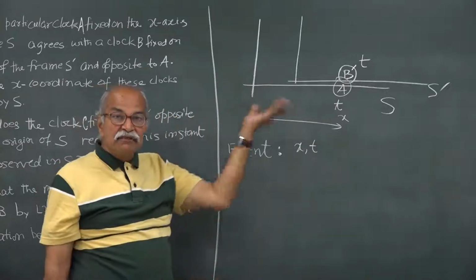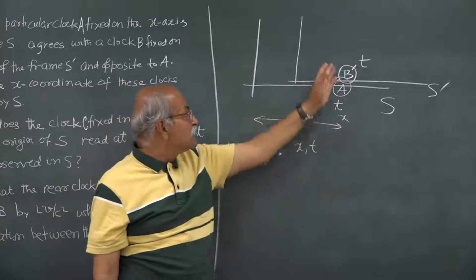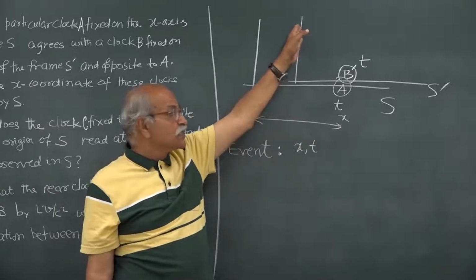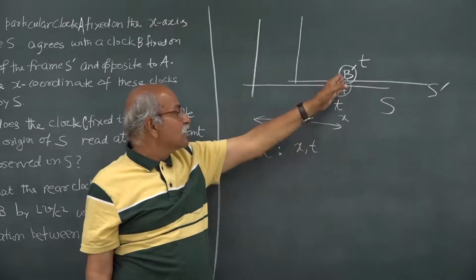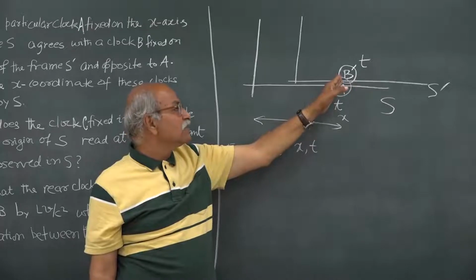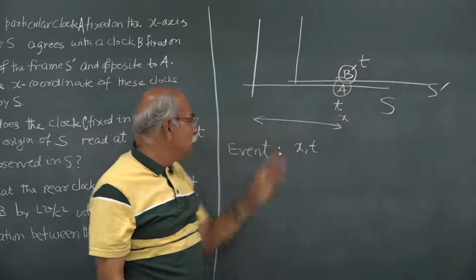When you make the transformation for this same event as seen from S prime, what is the time? Since the event is occurring here, the clock here will read that time, and that time is t prime.